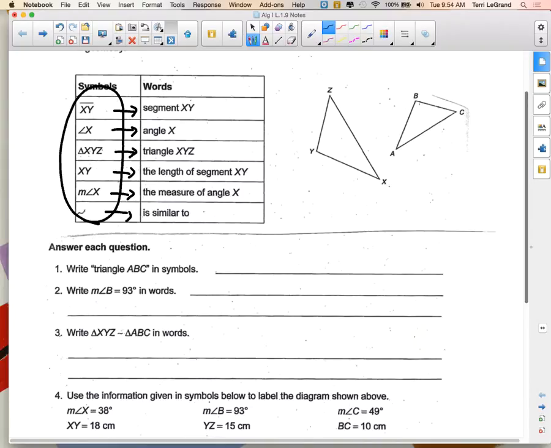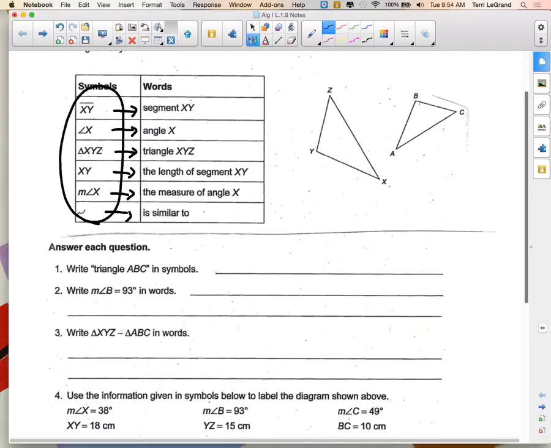So when we have an XY with a little short line segment above it, how should we read that? How should we read it? It says it right there in your table, come on. Segment XY. It's saying segment XY. So instead of having to write that out in words, that's how we write it symbolically in math.